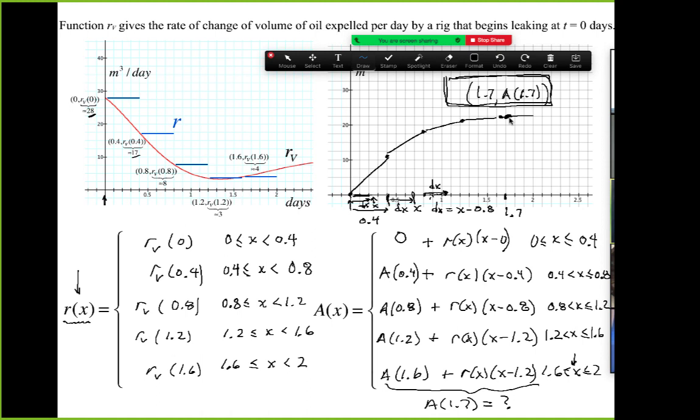Okay, yeah, good. Since when? The amount of oil that's been expelled since when? Since the oil started leaking. So since 0? Yes. Right? It always includes all the amount from before, right? This function is a running total. It's accumulating, keeping track of what we've had before. So all these values are the net change of volume since 0, right? These are all net change or the amount expelled since 0.